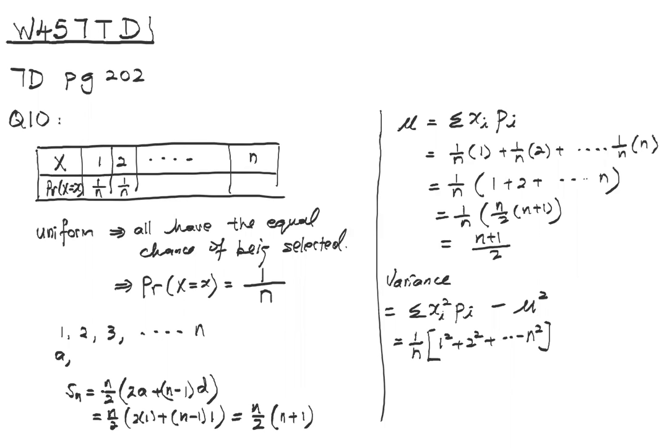Okay. So uniform means this and so on. Then take away your mean, which is this one, the whole thing squared.